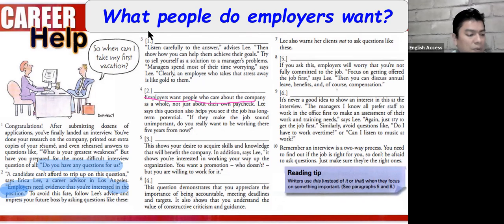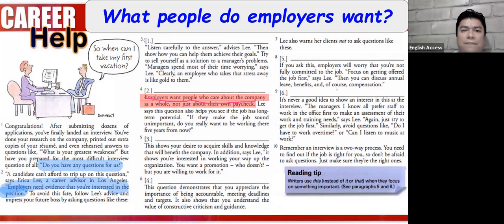So, what people do employers want? Let me check this. Okay, right there. Employers want people who care about the company as a whole, not just about their own paycheck. That is the correct answer.